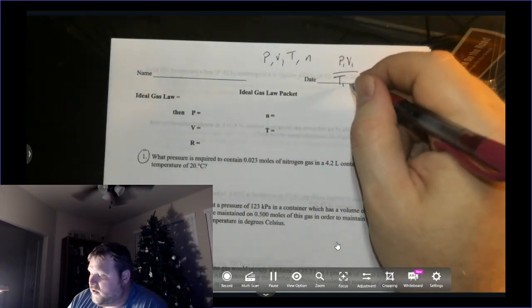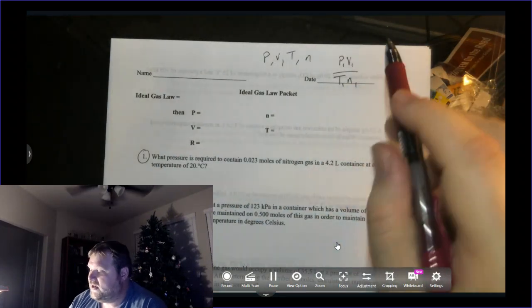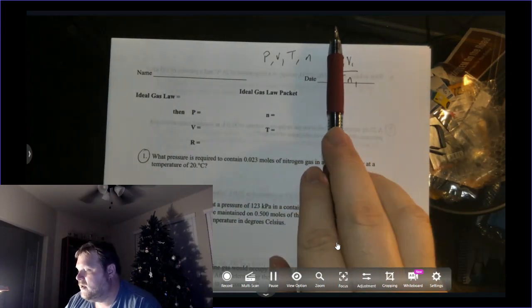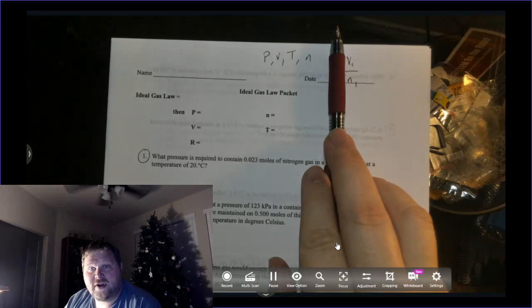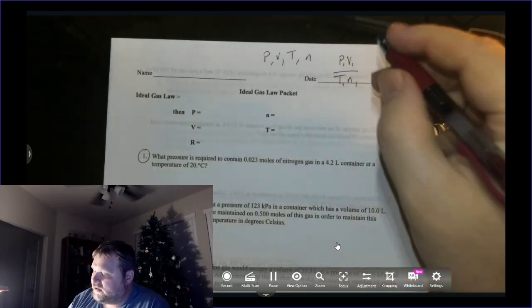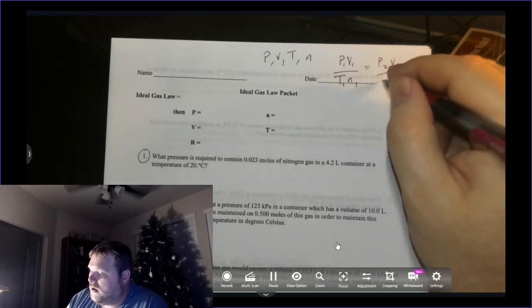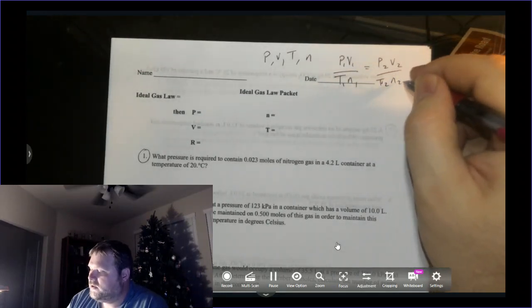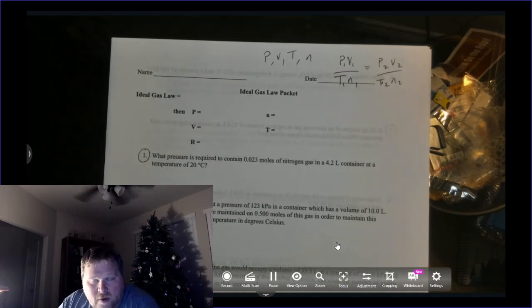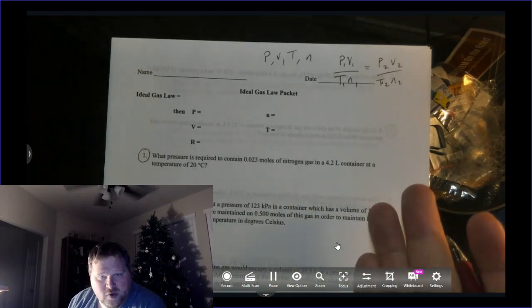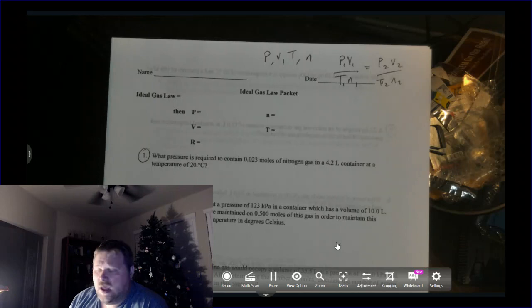But this time we're also going to have an N. If we cover up the P and the T, you can see Avogadro's law there, V over N. And that forms another proportion, P2 V2 over T2 N2. We almost never work the ideal gas law in a proportion like this.